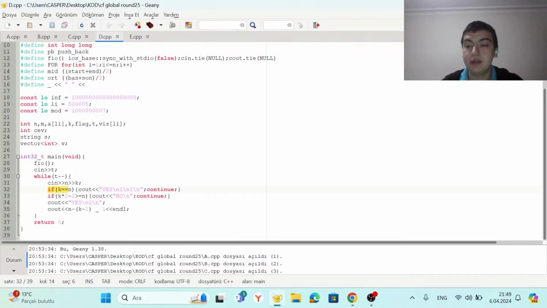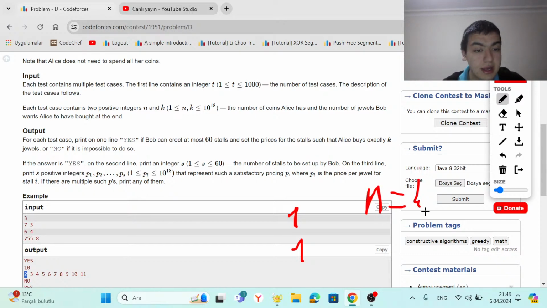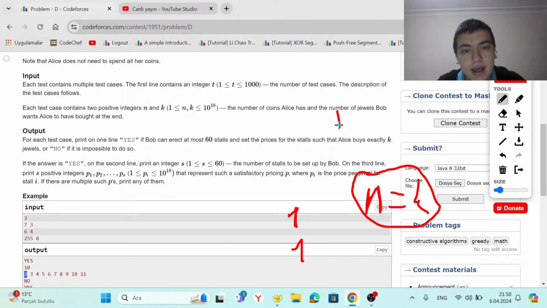If K is equal to N, we can have 1 stall, and the cost of the jewelries in that stall can be 1, so that we can buy exactly N jewelries, so N is equal to K, and we have bought exactly K jewelries. So if N is equal to K, we can output 1 and 1. Yes, 1, 1.